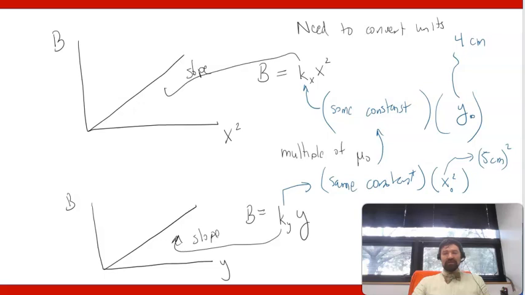I hope you enjoy it. Hope you all get some good results. Please note that you're getting experimental results, so you're not going to get exactly 4 pi times 10 to the negative 7 as your answer. Like maybe you get 4 times pi minus 0.01 all times 10 to the negative 7, or 4 times the quantity pi minus 0.07 all times 10 to the negative 7.